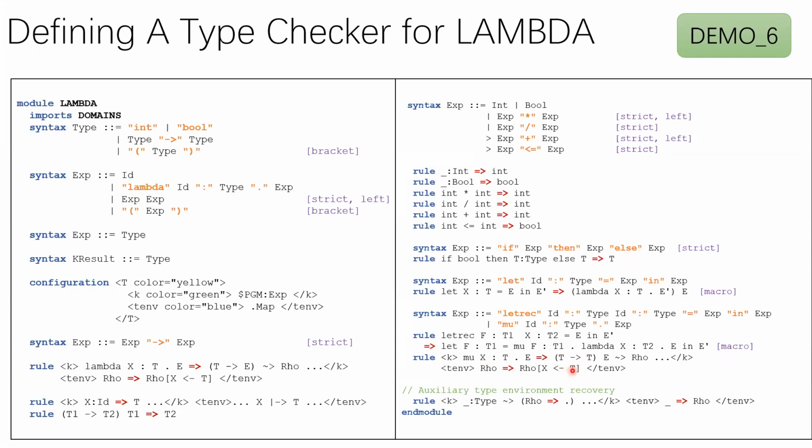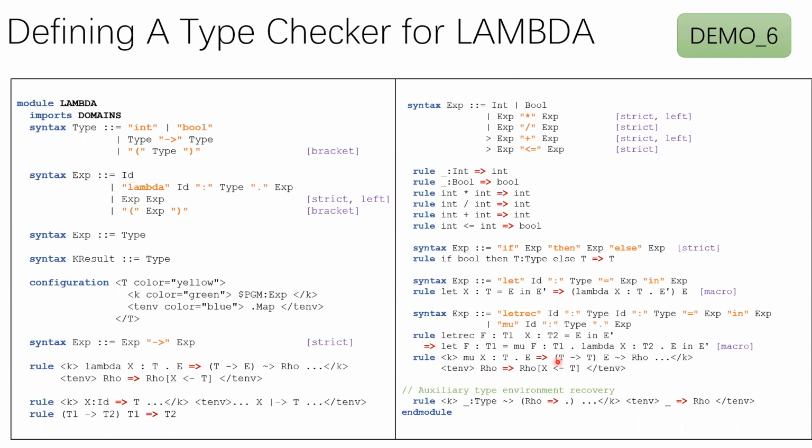And for mu, it's pretty much like lambda. Whenever we see mu, we know immediately it is a function, so it is a function type, t arrow t, but we need to make sure that E has the same type as x, t, with the assumption that x has type t. This is a very smart way of doing so.